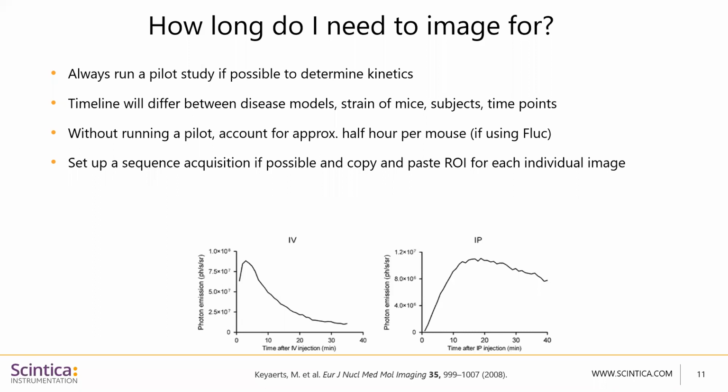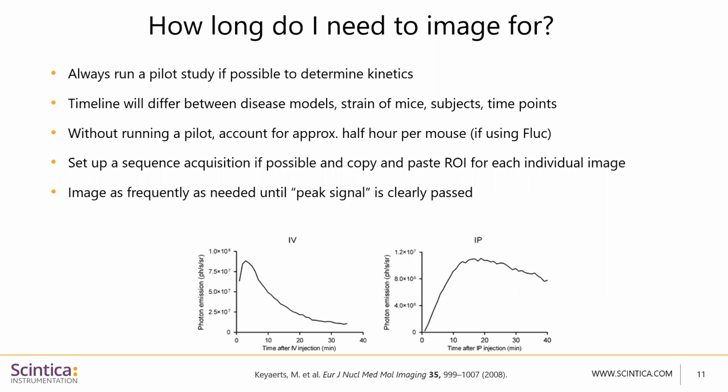What you can do is draw an ROI on that first image for your area of interest. Then you typically right click and copy that ROI and paste that exact ROI on each subsequent image, so that you're looking at the signal over time in the exact same area.